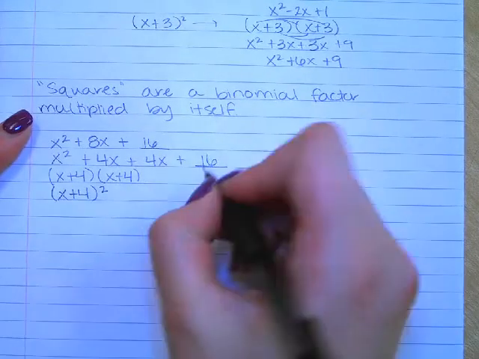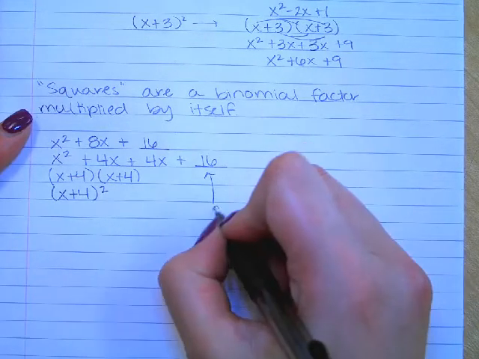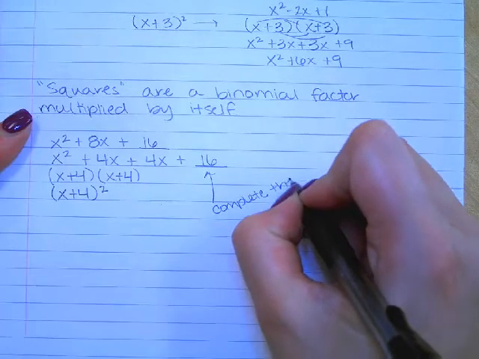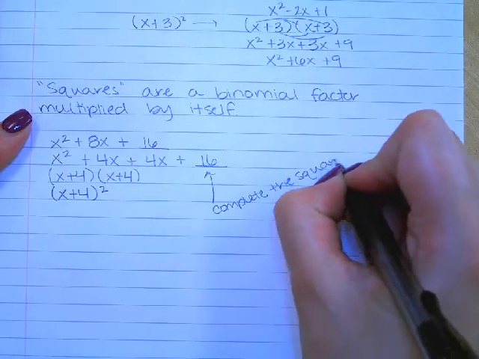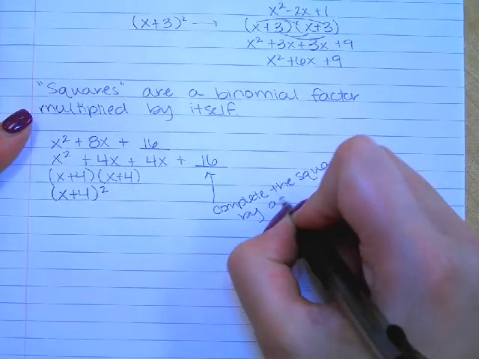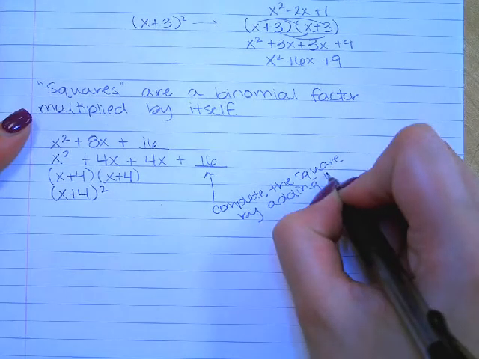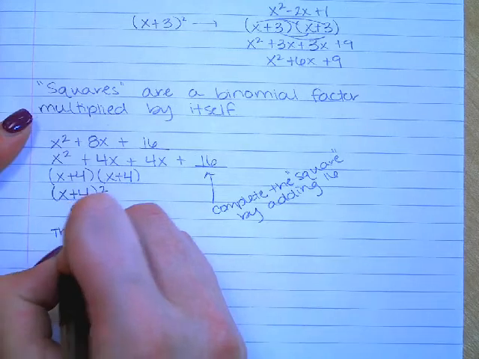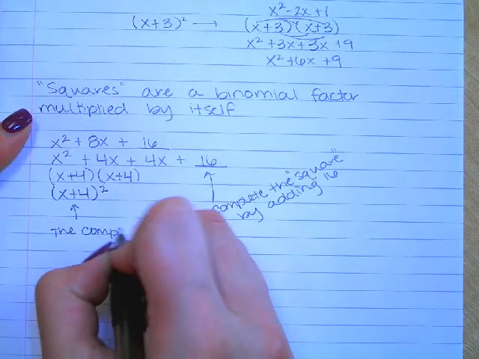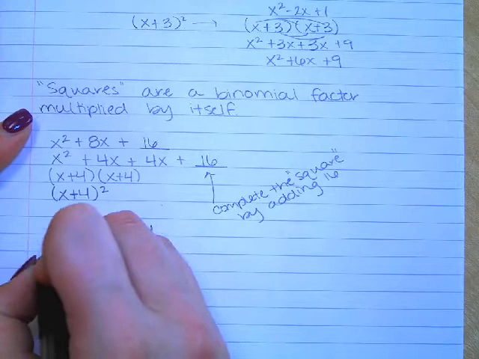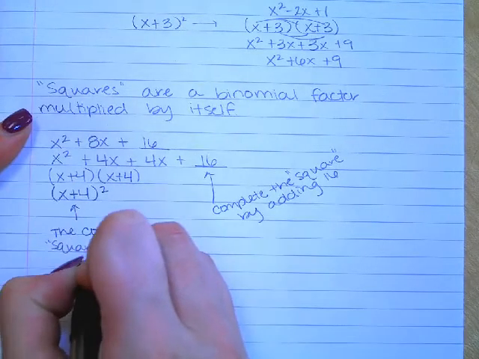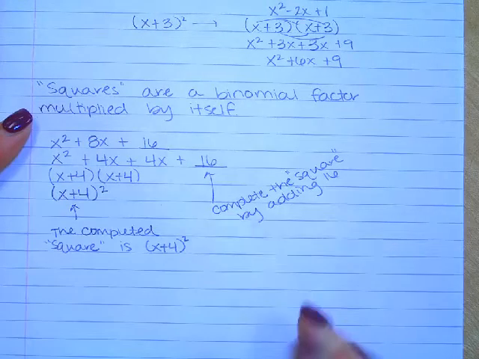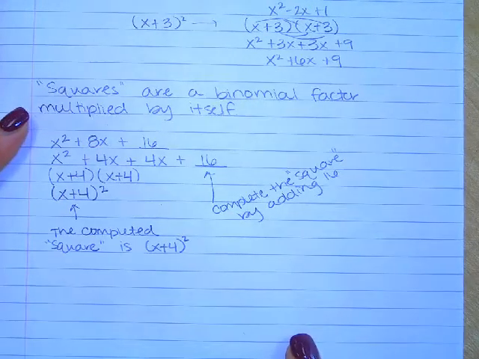Okay, so I'm going to write this in my notes: complete the square by adding 16. The completed square is x plus 4 squared.